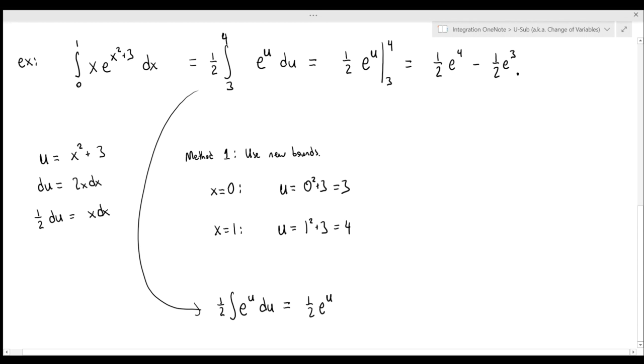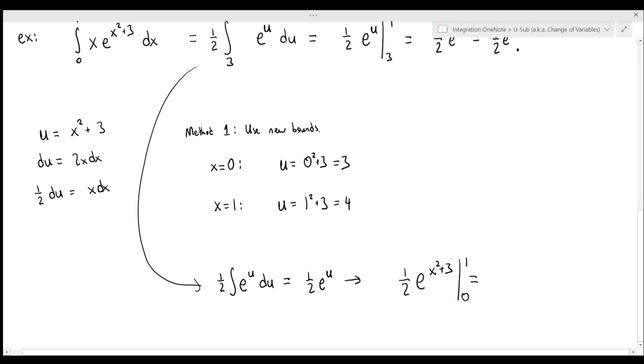And what you can do is convert back to the original variable x. So in terms of x, this would be 1/2 e to the x squared plus 3. So if you convert back to x at the end, then what you can do is just apply the original bounds, which were in terms of x.